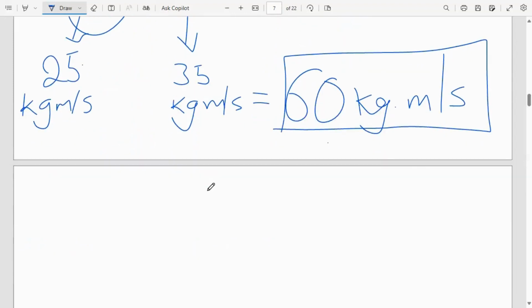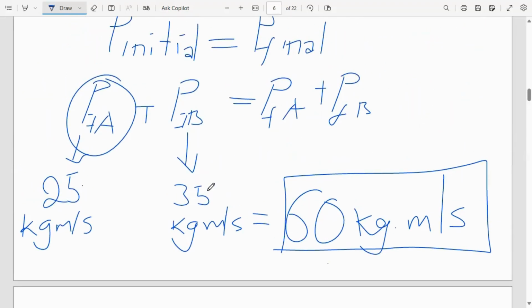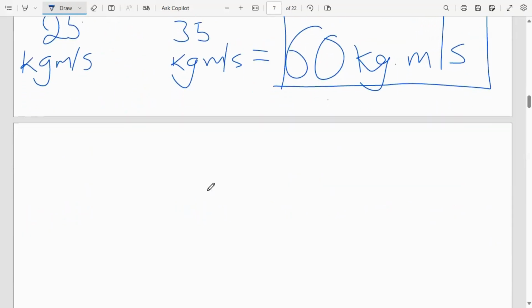So if this is the combined initial momentum, let's also check the right-hand side of our equation, where we have the final momentums of the two objects. They've told us the final momentum of the first object is 10 kg·m/s. That means we can plug these into our equation.